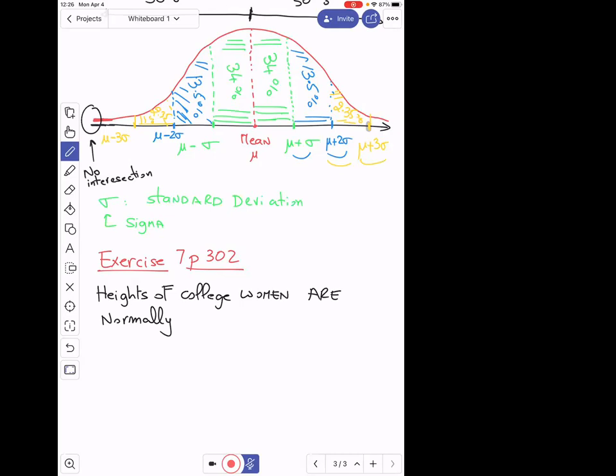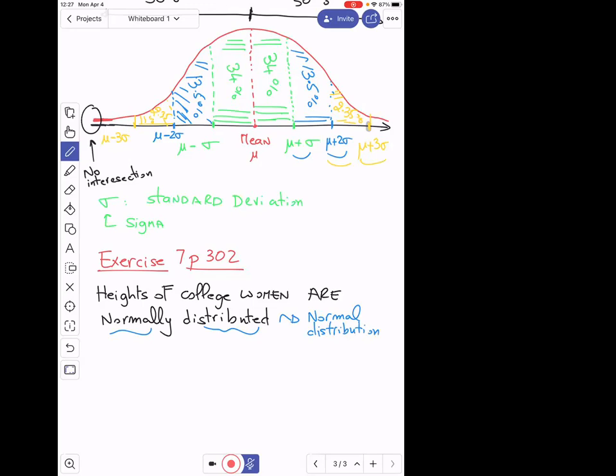So it's not a binomial distribution. This is a normal distribution, or normally distributed. The variable x is going to follow a normal distribution.